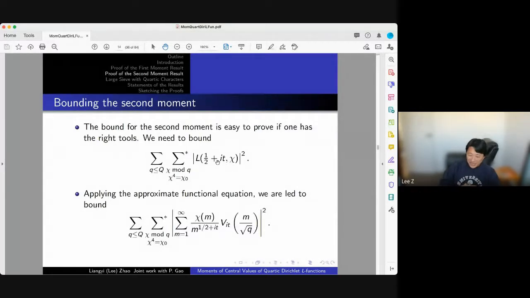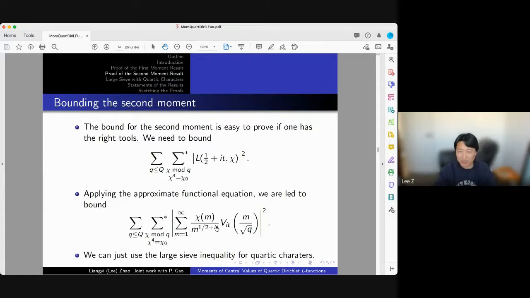So the approximate functional equation approximates these L values using Dirichlet series, which is precisely what this is. We know good bounds; we know what these V's are. These V's are things involving gamma factors, and chi's are these characters, m to the 1/2 plus it, from the approximate functional equation.